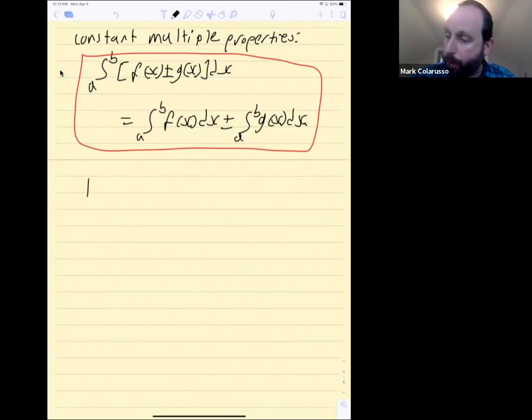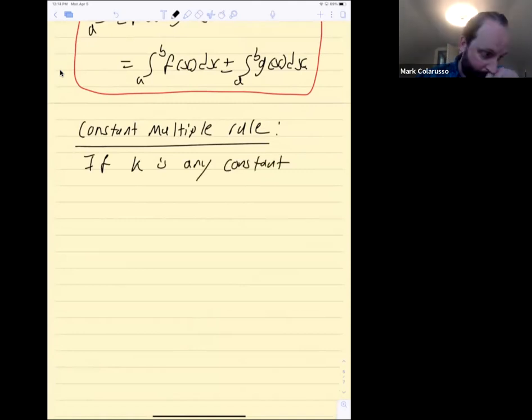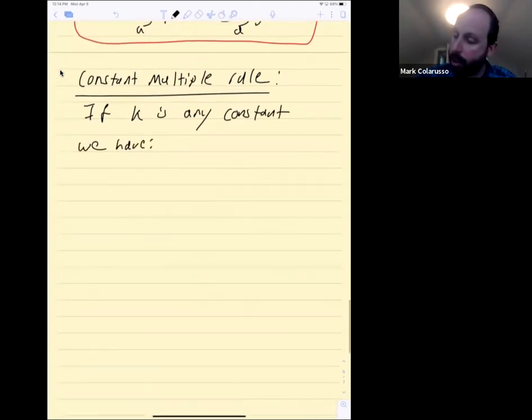And we also have a constant multiple rule. So if k is any constant, we have the integral from a to b of k f of x dx is k times the integral from a to b of f of x dx.